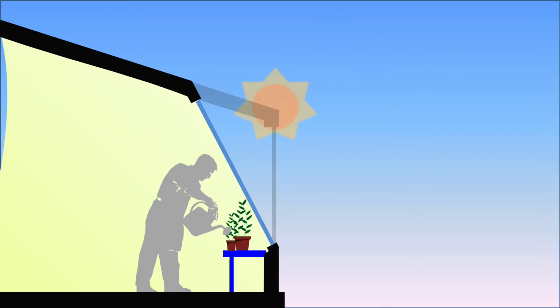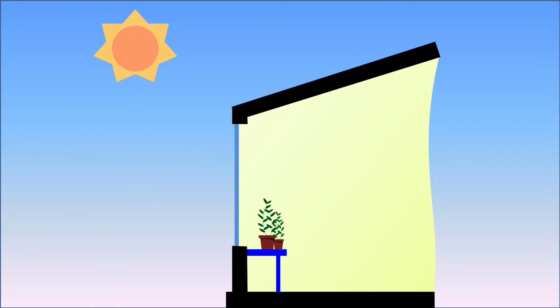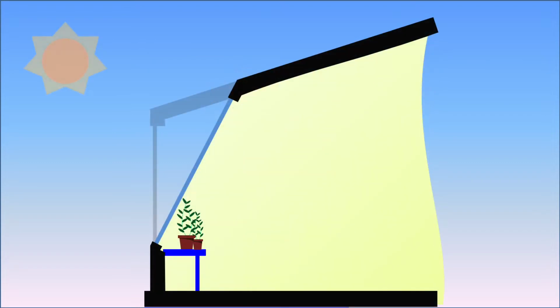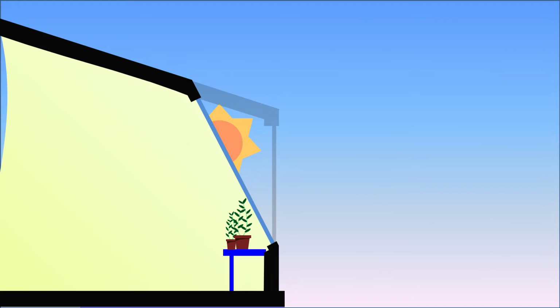In contrast, it will see sloping glass much earlier. The setting afternoon sun will not see vertical glass after it passes through west, while it will see sloping glass. Sloping the glass increases the duration that the sun strikes the glass.